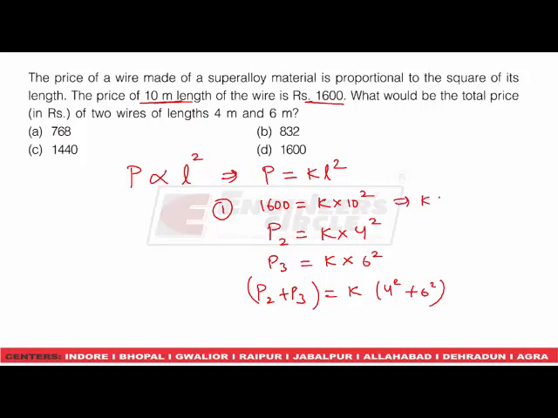K will be equal to 1600 by 10 square, that is 100, so K is 16. So putting 16 into 16 plus 36, it comes out to be 36 plus 16, 52 into 16, that is 832. So the correct answer would be B option.